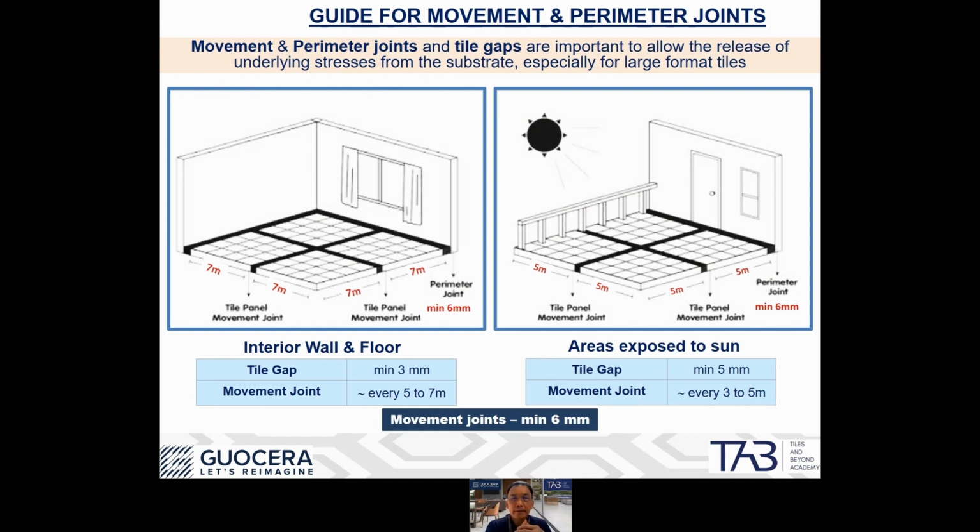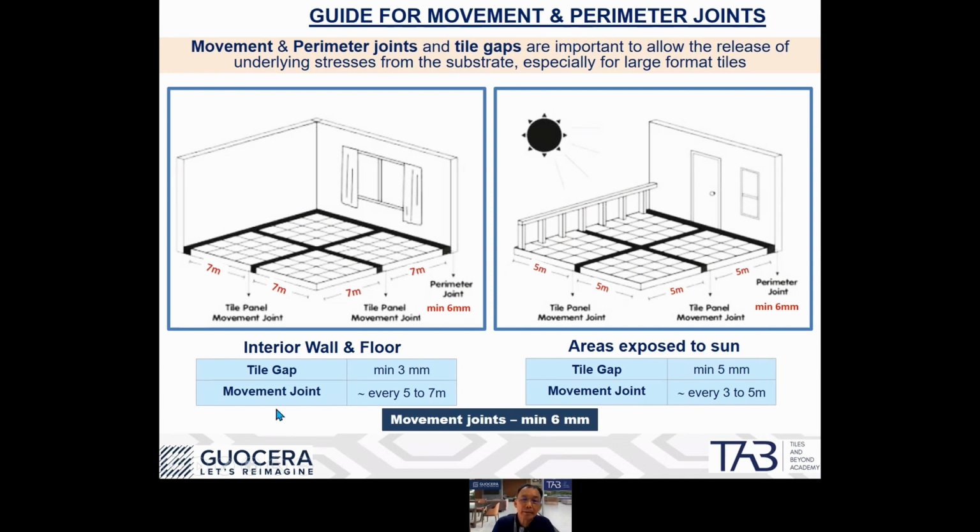Nowadays there are a lot of large format tiles in the market. When the tiles are larger, essentially there are fewer joints. Small tiles will have many joints. However, when tiles are getting bigger and bigger, when there are already fewer joints, the incorporation of movement and perimeter joints becomes even more important.